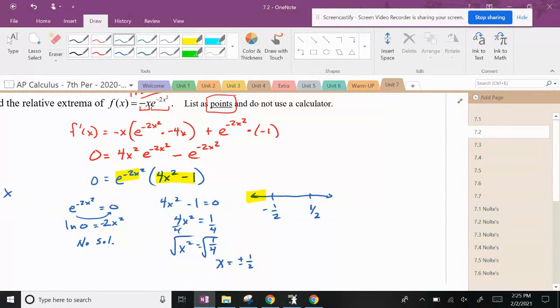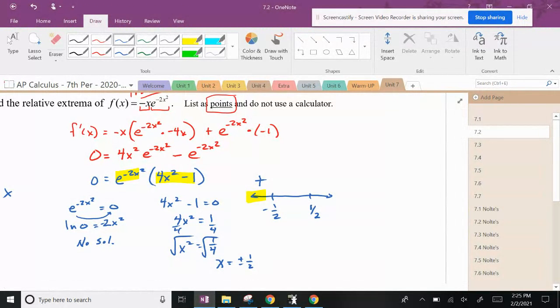So 1 over e squared, is that a positive or a negative number? Positive. So the first piece is positive. Now if I plug negative 1 into the second quantity, that would be 4 minus 1. Positive. So we get positive, positive. Everybody follow that?